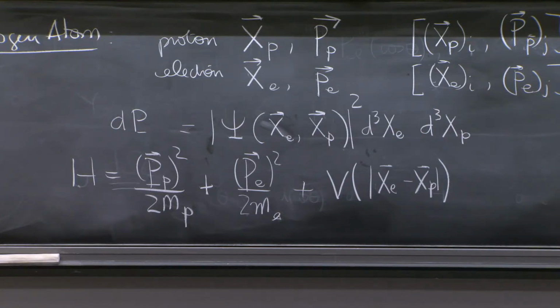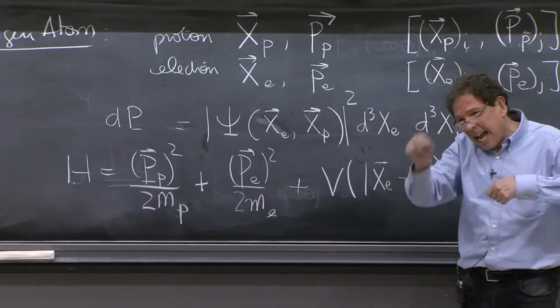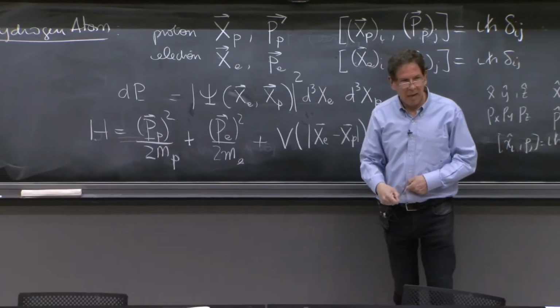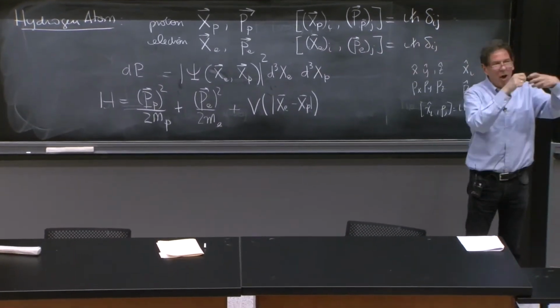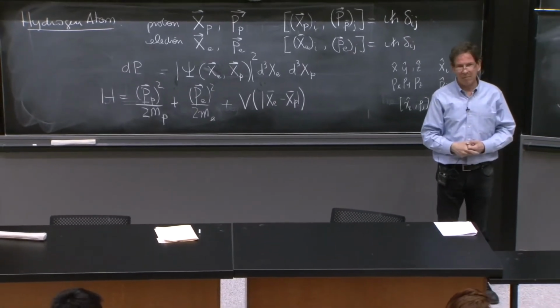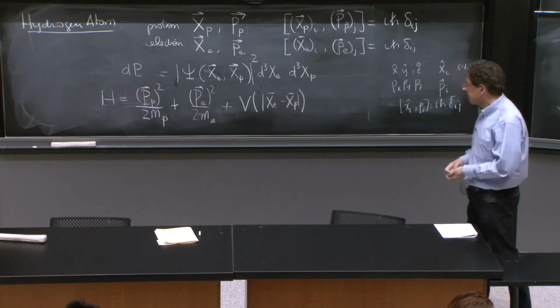And then you can write a differential equation, the Schrödinger equation. And the p of the proton would be thought of as d/dx of the proton. And the p of the electron would be like d/dx of the electron. And that differential equation would make sense.